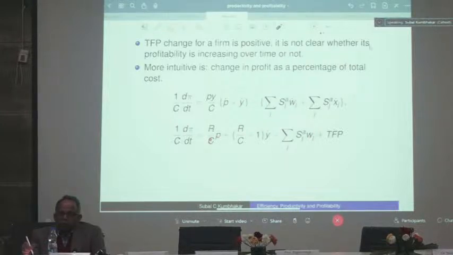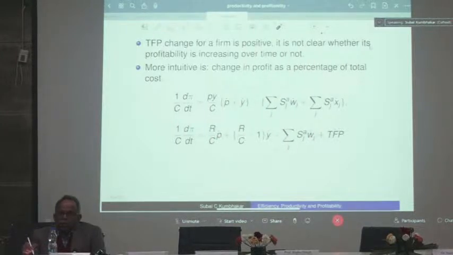Since there is more than one input price, this is a weighted average of the change in input prices weighted by their shares. The weights are always positive. So if this is positive, then this whole thing is going to be positive, right? So again, there is no counterintuitive result saying that weights can be negative. No, weights are always positive. So if the price of a particular input is going up, that is affecting your profit negatively, right?